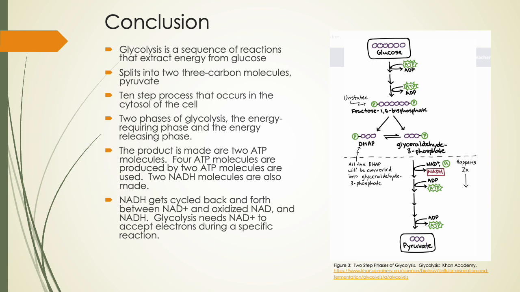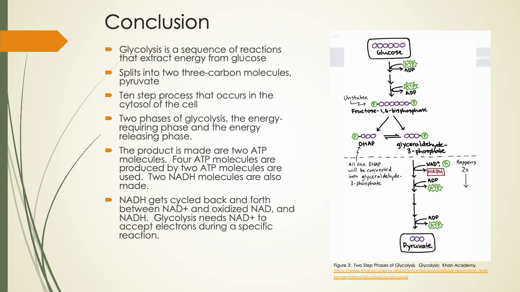Glycolysis changes one 6-carbon glucose molecule into two 3-carbon pyruvate molecules. The net product is two ATP molecules. Four ATP molecules are produced, but only two ATP molecules are used. Two NADH molecules are also made.